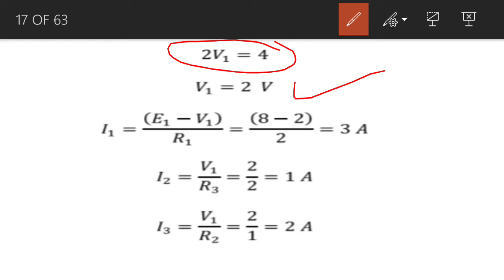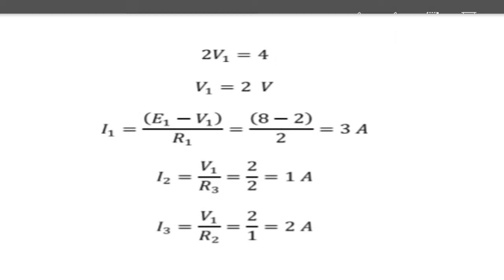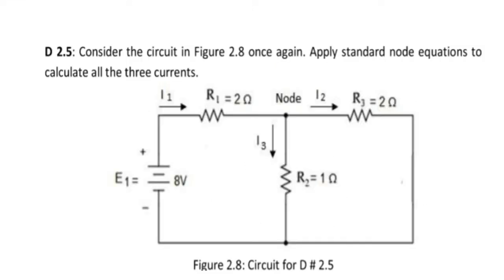Now we calculate I1, right? And how do we calculate I1? The equation is given over here, but let me explain the calculation of this current I1 with the help of the given diagram. So let us go back to the diagram and consider the first loop.